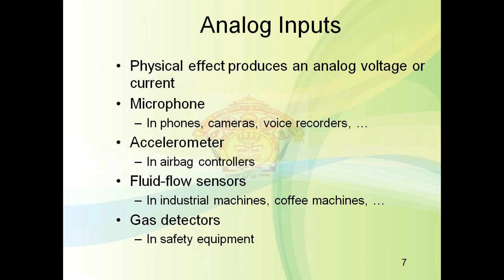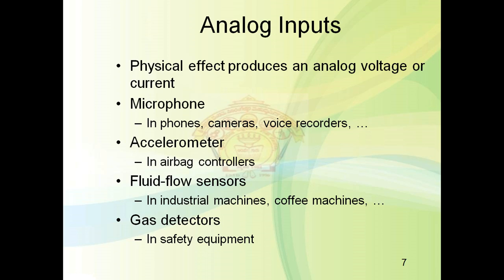Some of the sensors: here you can see the microphone. Microphones are among the most common sensors in our everyday life, and are included in digital systems such as telephones, voice recorders and cameras.